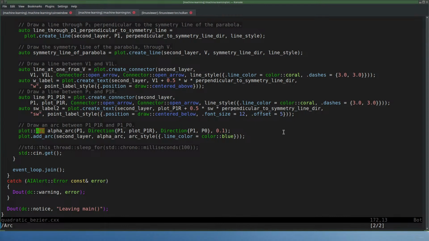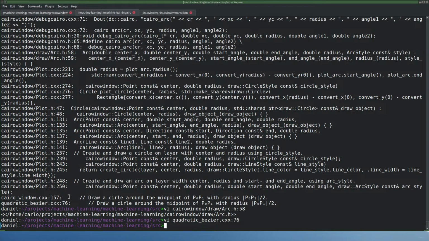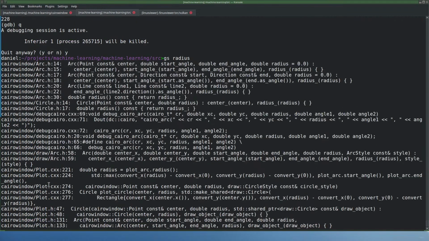This is just two directions and a point. Man, so many places. How is that possible?